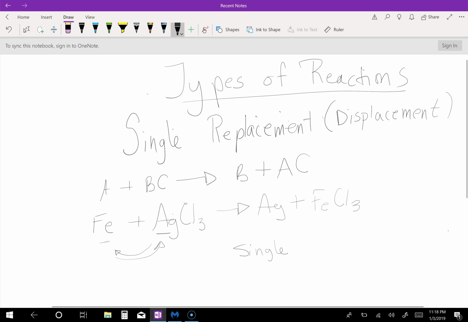So anytime a single element replaces or displaces another element in a compound, we have a single replacement or displacement. You should see them literally switch partners.